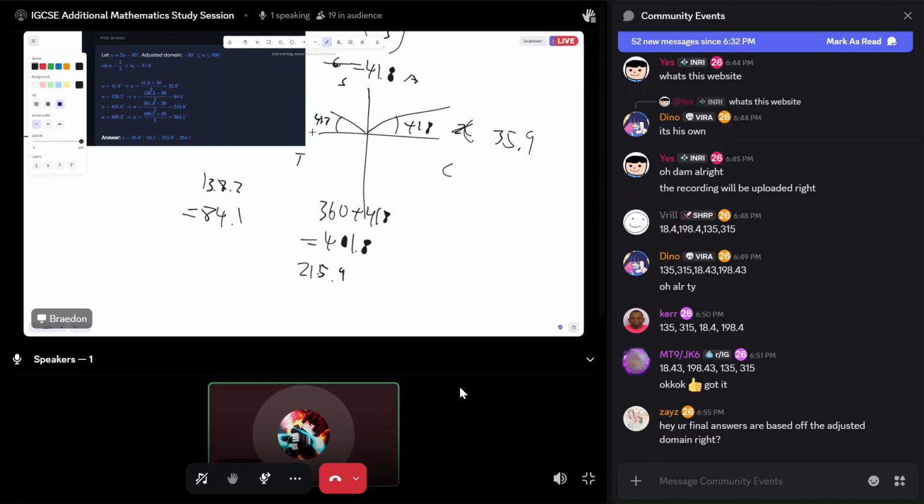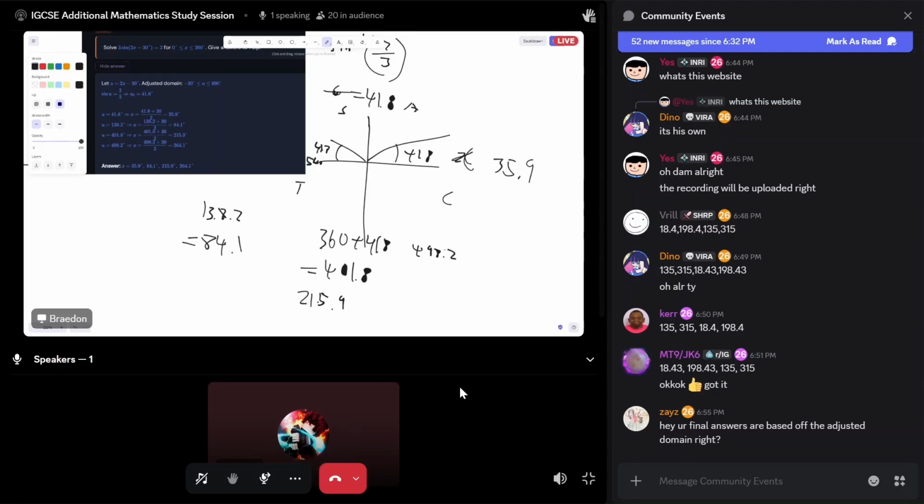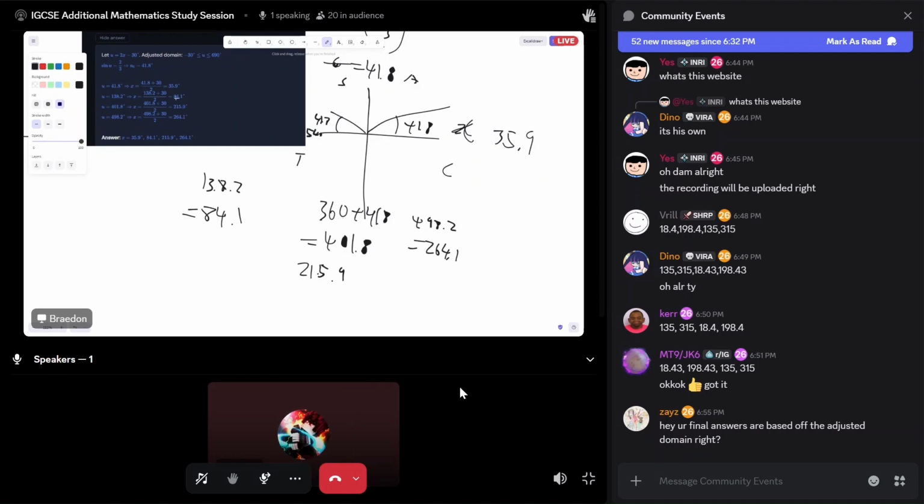This is 540, because 180 plus 360, one rotation, is another rotation. So 540 minus 41.8 is 498.2. Change it all, 264.1. So these are all the answers.